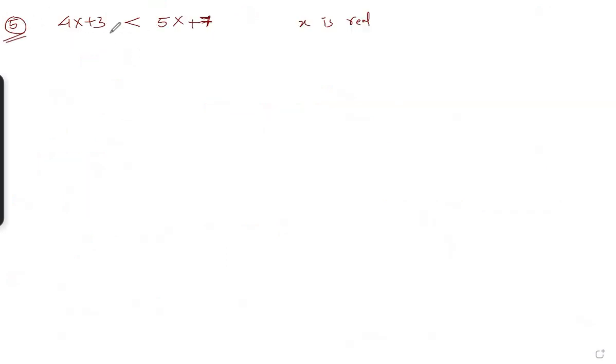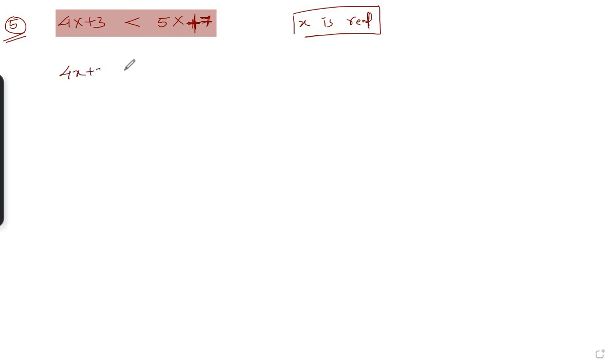Now question 5 says 4x plus 3 is less than 5x plus 7. And in this question they are asking x is real. Real numbers which include everything, all possible decimals and fractions. So to solve it, 4x plus 3 less than 5x plus 7.